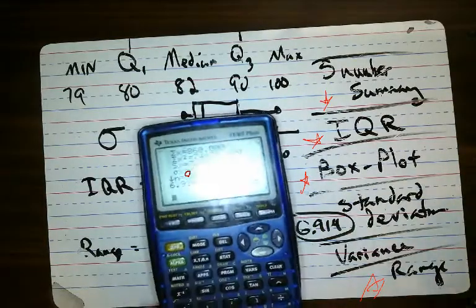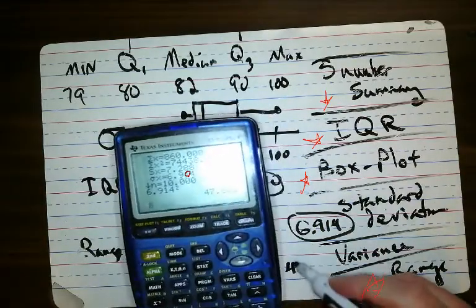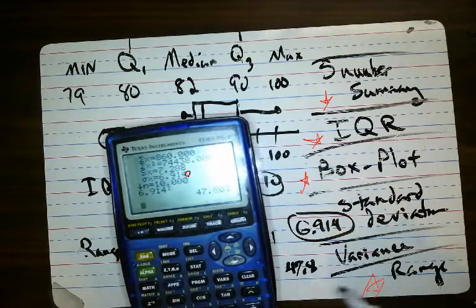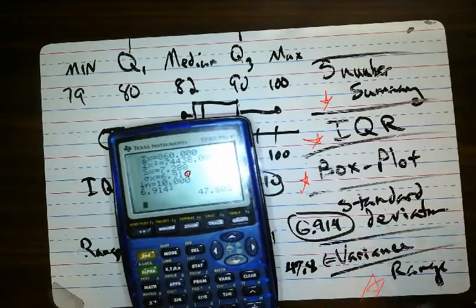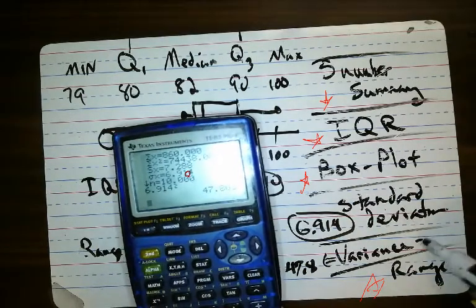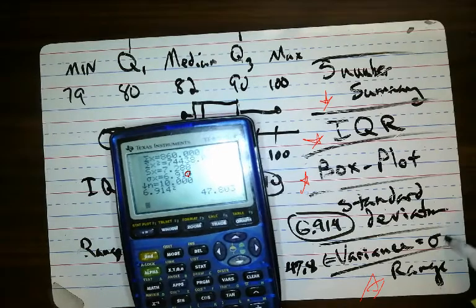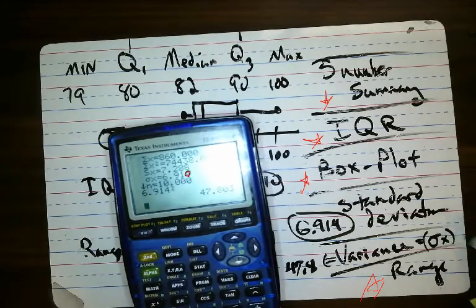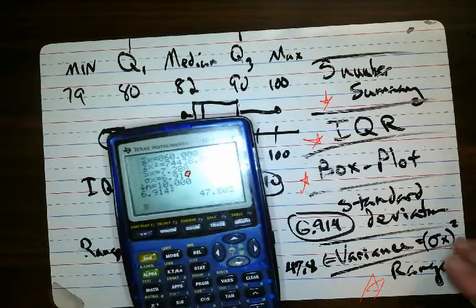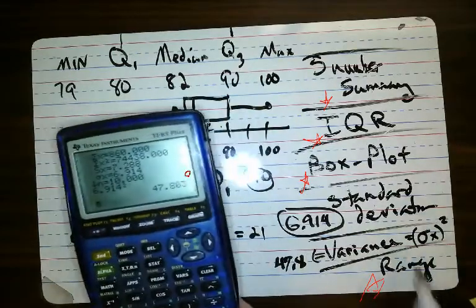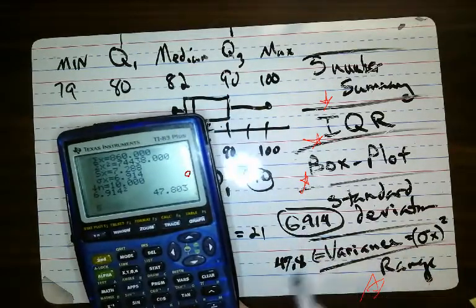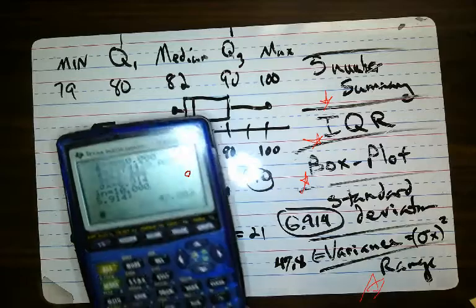Then I would have the variance, which is 47.8. Very interesting. The standard deviation squared, that's the variance. So if you know what the standard deviation is, then you automatically know the variance.